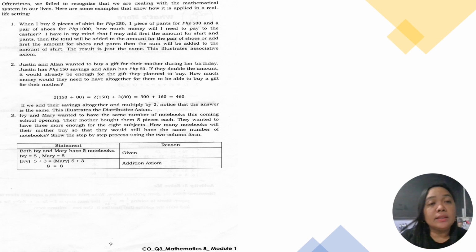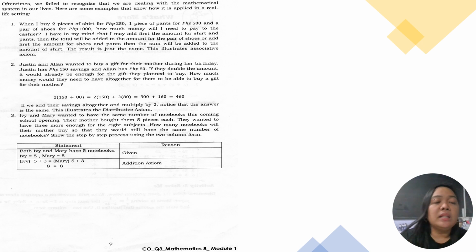On page 9 of your SLM, there are 3 given examples of a real-life setting, where we applied the different axioms that you have learned. For number 1, let us read. When I buy 2 pieces of shirt for 250 pesos, 1 piece of pants for 500 pesos, and a pair of shoes for 1,000 pesos, how much money will I need to pay to the cashier?